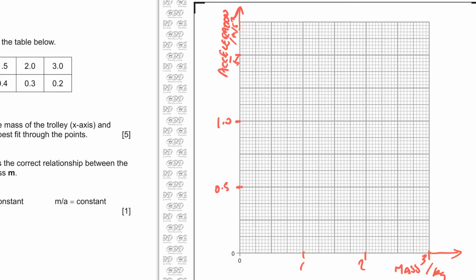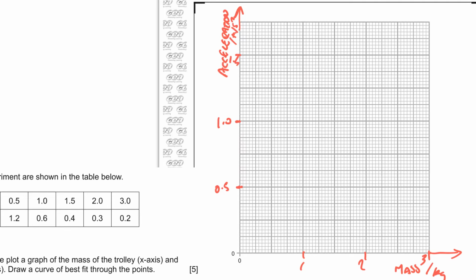I'm sorry, this is a bit of a mess, but I can't really undo very well here on the iPad at this stage. So we need to plot these points.